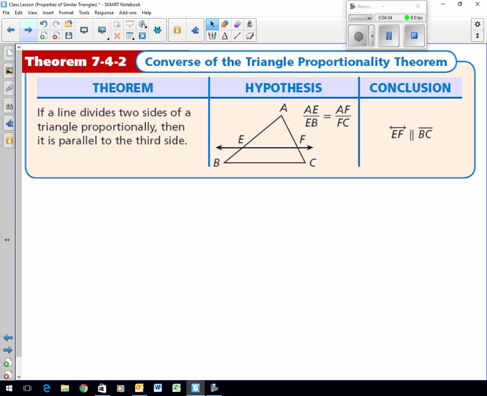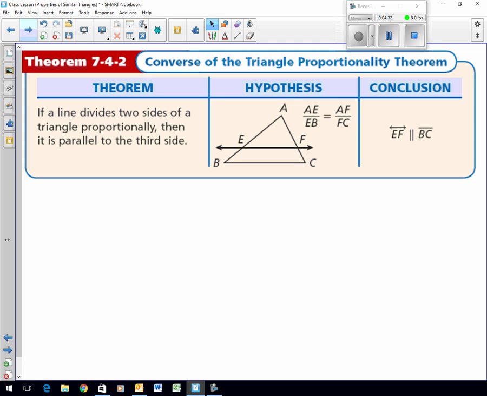Don't worry about this too much. Notice that nothing really changed. It's the same theorem written the other way. Think about this. If a line divides two sides of a triangle proportionally, then it's parallel to the third side. Let's see how there's one side of the proof and then there's the other side.